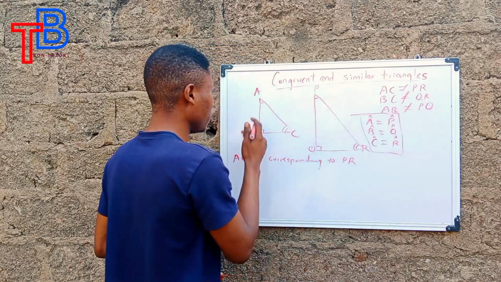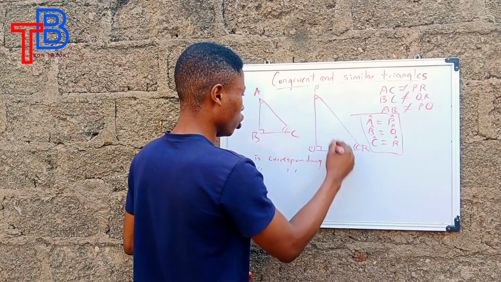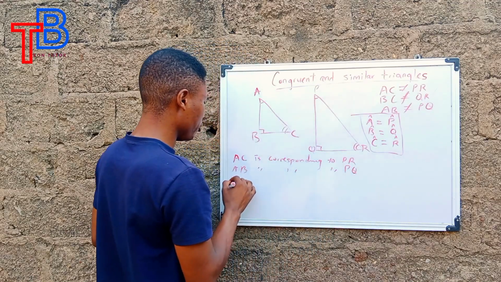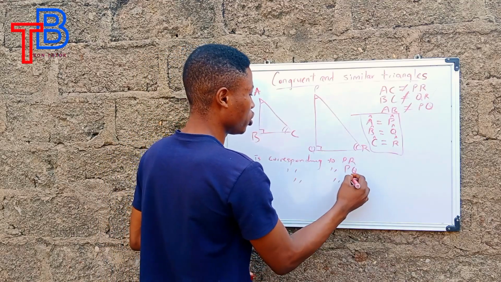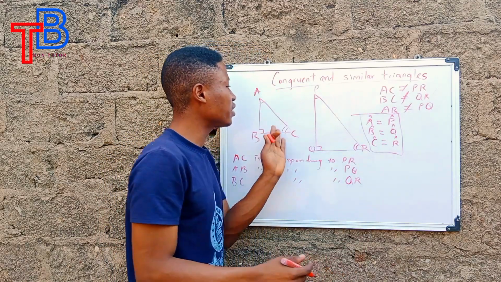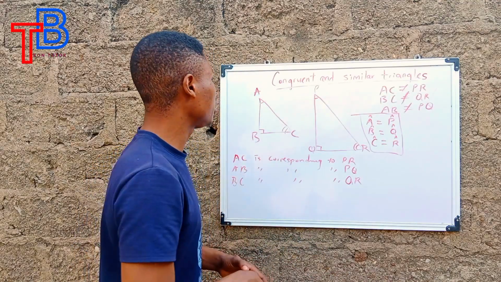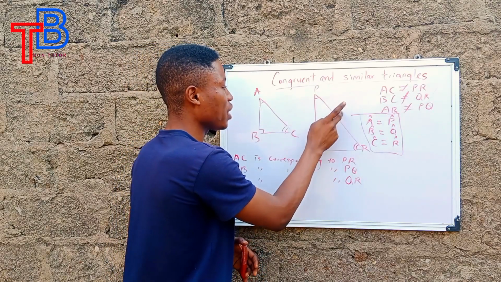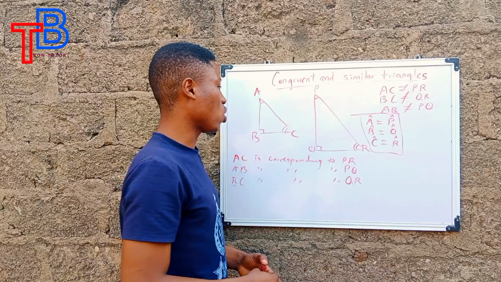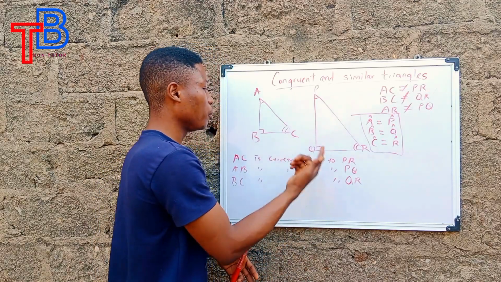The same thing applies to your AB, which is corresponding to your PQ, whereby your BC is also corresponding to your QR. Since these sides are corresponding to each other, for you to get the scale factor, it means if you use your AC to divide your PR, whatever value that you have must be equal to if you divide your QR with your BC.